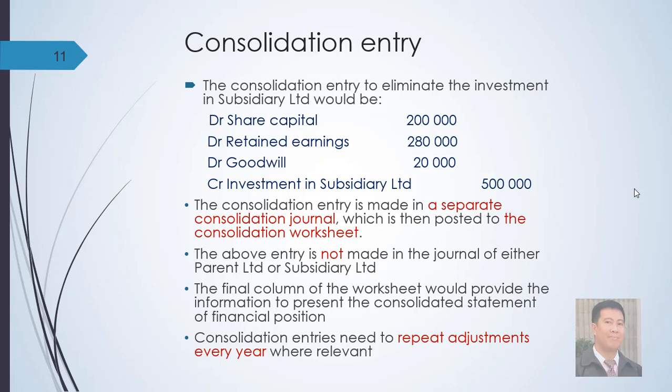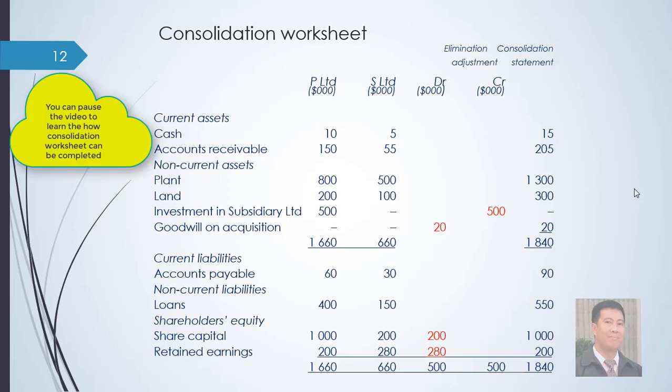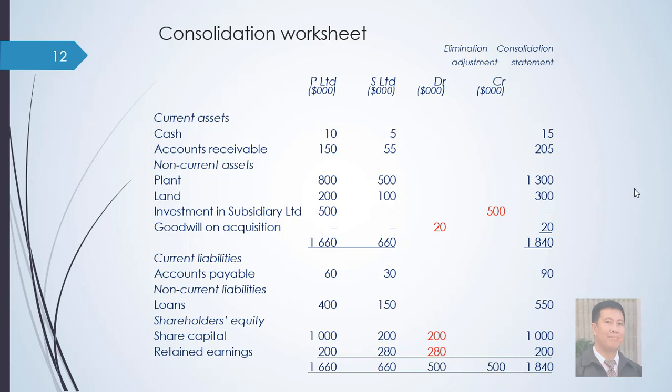Now if you look into the consolidation worksheet, you will see that we debited goodwill and shareholders' equity, which includes share capital and retained earnings of the subsidiary, and then we credited investment in subsidiary, which is under the parent's book. If you move to the right, you will see cash, we added 10 and then 5, and then accounts receivable, and so on.